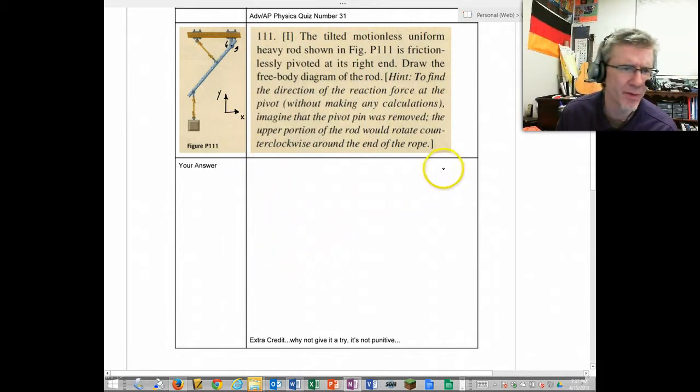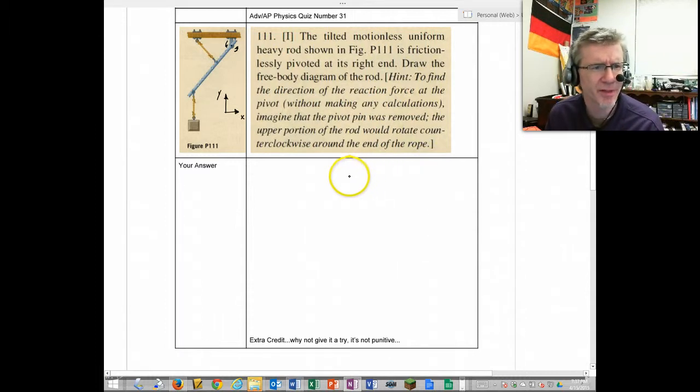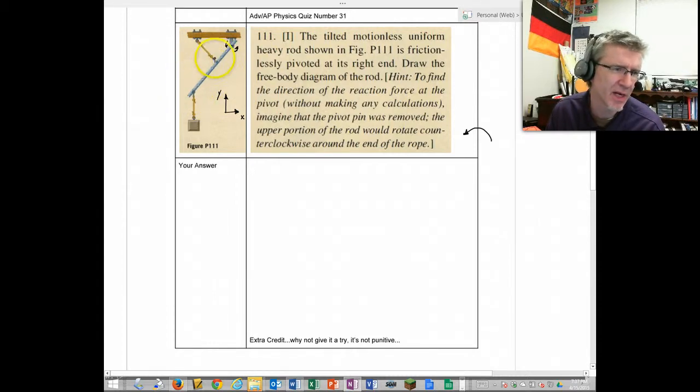If you want to find the direction of the reaction force at the pivot, imagine that the pivot pin was removed. The upper portion of the rod would rotate counterclockwise, that's this way, about the end of the rope. If you could delete the pin here so this could just slide, I think you'd see that this would pull down, this would keep things moving over, and so this end would start moving this way.